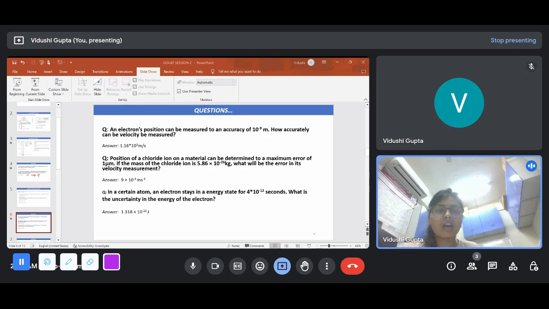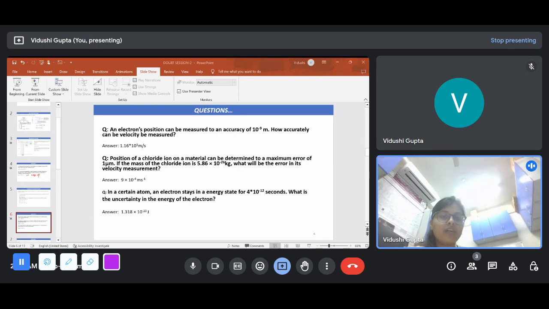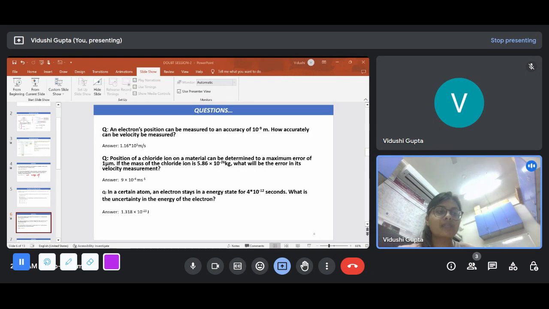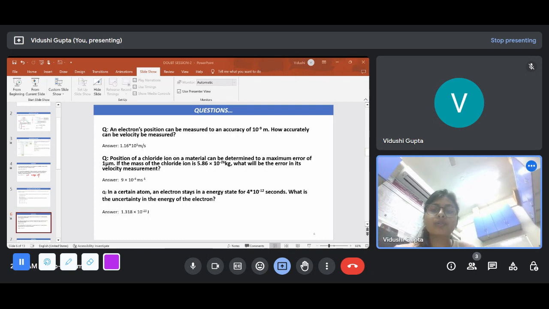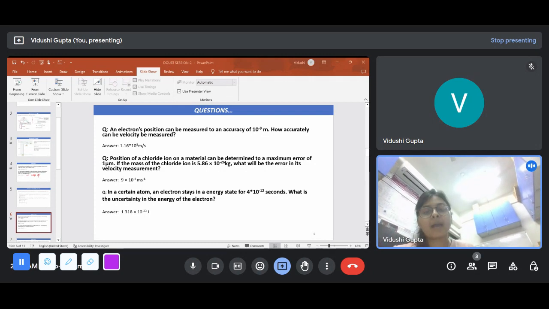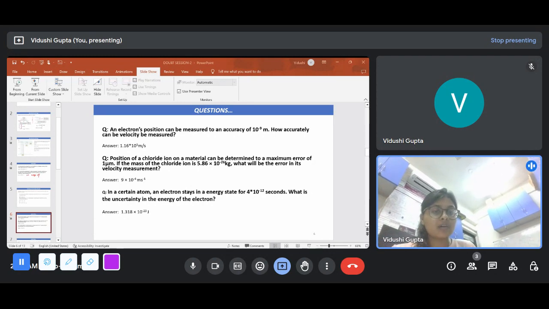Is it clear now? I will repeat one more time. If you have to calculate the value of the commutator of px with Ly, you know that px is minus iota h cut curly by curly x, sorry, and L, angular momentum, is equal to r cross p. So r will be x i cap plus y j cap plus z k cap, and p will be px i cap plus py j cap plus pz k cap. So now what will be the value of L?